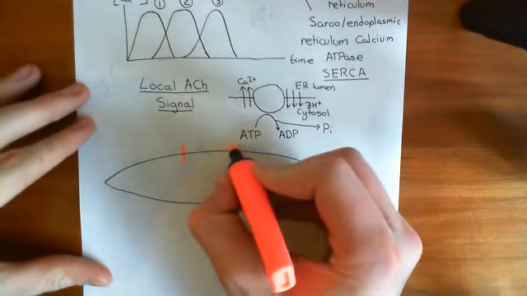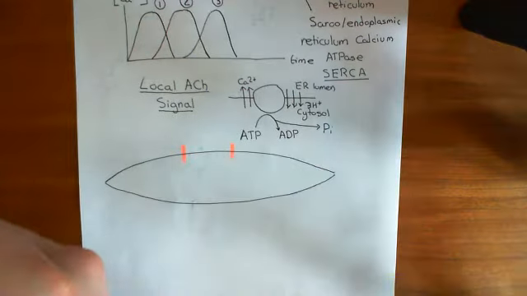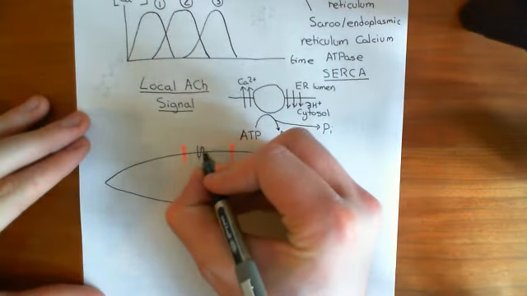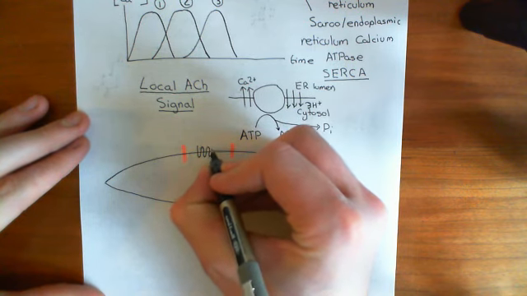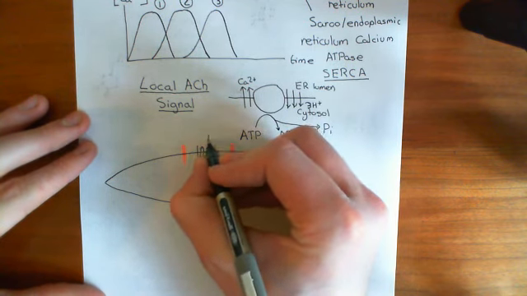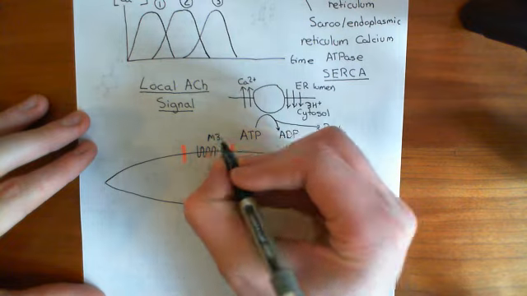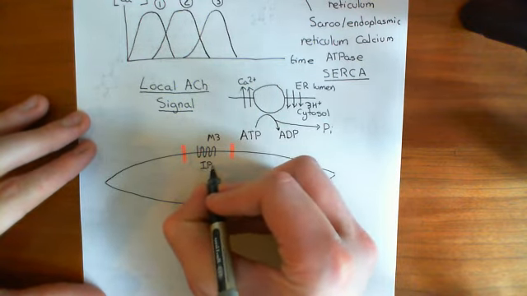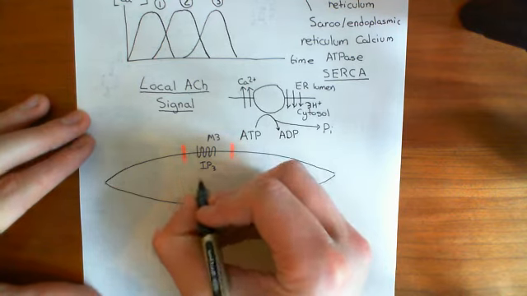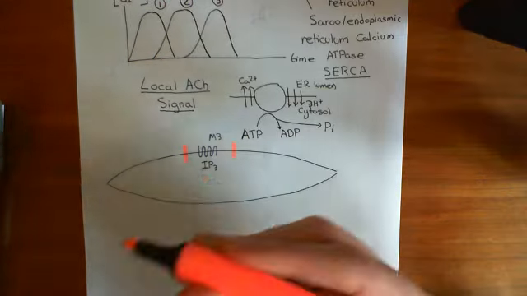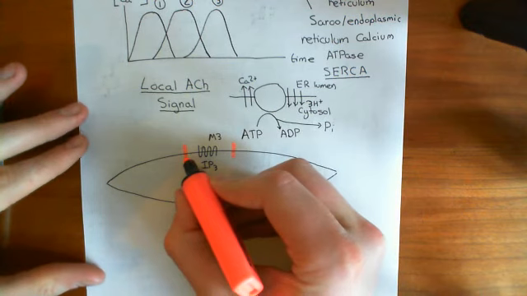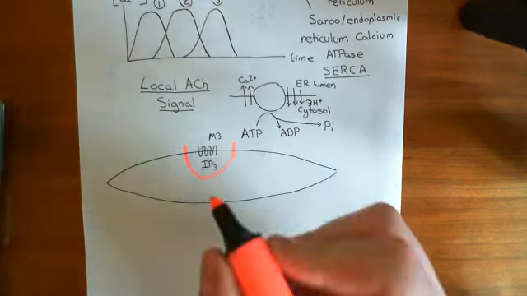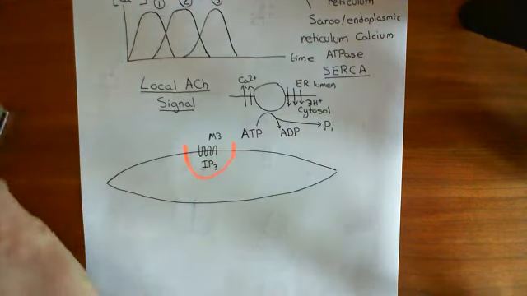Okay, again it's going to work through the exact same pathway. It's going to activate the muscarinic receptors of the third type, so the M3 receptors, and it's going to cause IP3 to go up. But this time you're only going to get IP3 going up in this small region around the membrane where you've actually released acetylcholine onto.